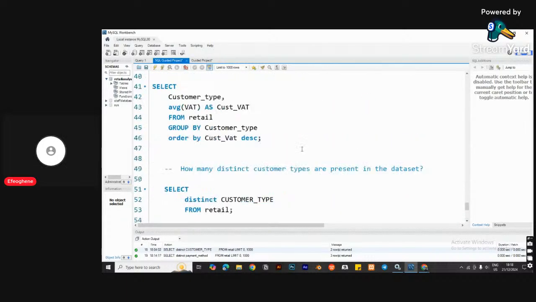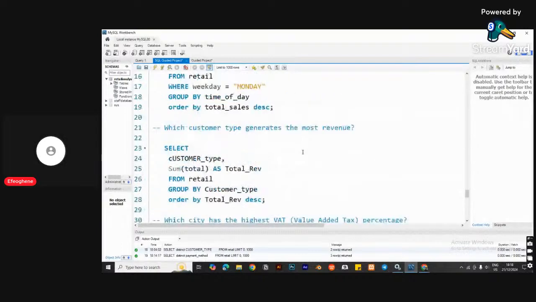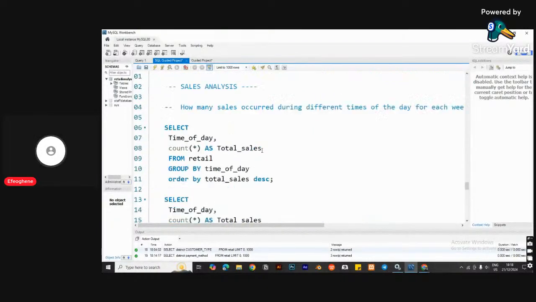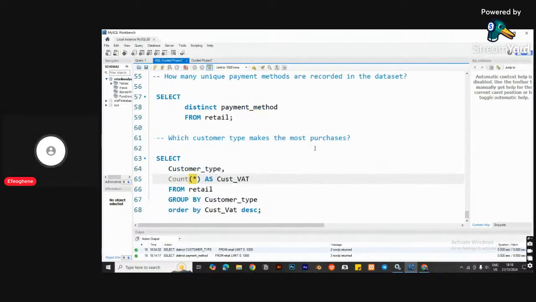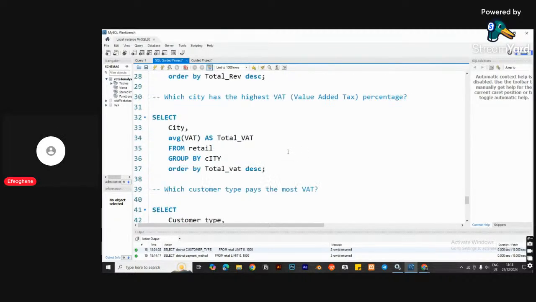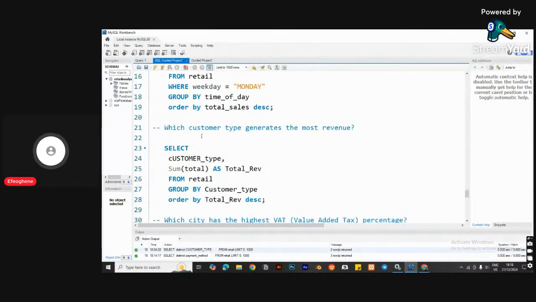But if you take a look at this, I'm trying to explain it so that we can have an understanding. Why didn't we use count here? Because we're working with revenue. It says which customer type generates the most revenue.